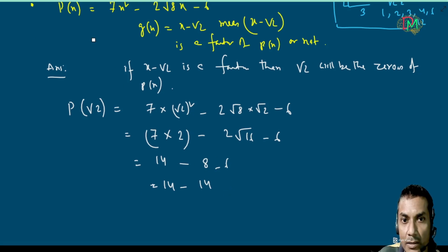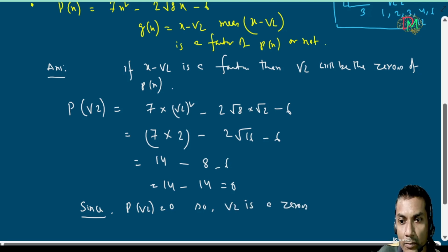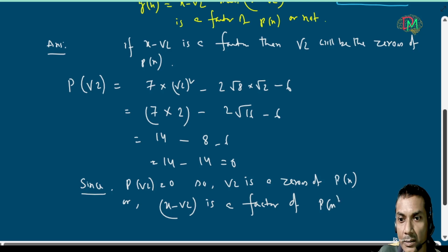Zero of the polynomial p(x). So we can say that since p(root 2) is equal to 0, root 2 is a zero of p(x), or we can say that x minus root 2 is a factor of p(x).